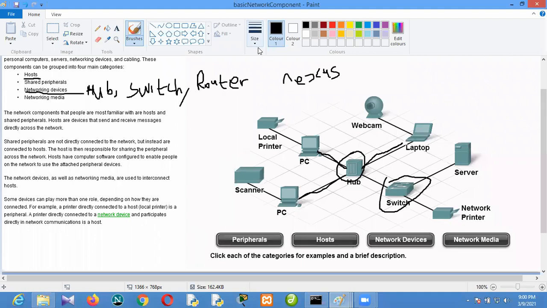Can you hear me? I can hear you. I can't see the text on the screen clearly. Yes, I can see the diagram, but the text beside it and on the other side, I can't see clearly.